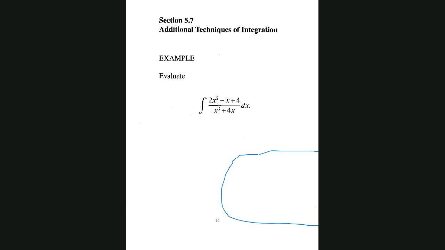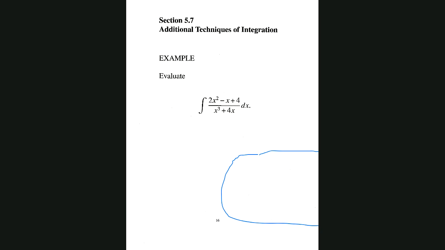Now this kind of problem, our techniques that we learned are not going to be adequate to solve it. So what do we do here? Well, we're going to use a technique called partial fraction expansion.